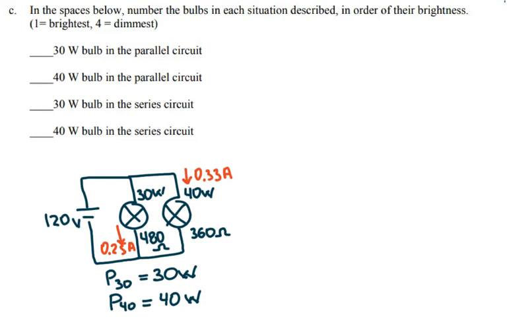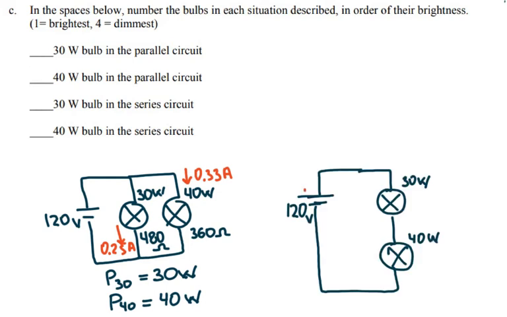And then for the second circuit, we had the current flowing through both of them, the same 0.143 amps. I can calculate the power on each by knowing their resistance and the voltage, but I know the resistance, so I'm going to use the resistance. The resistance of this one is 480 ohm, and the resistance of this one is 360 ohm.